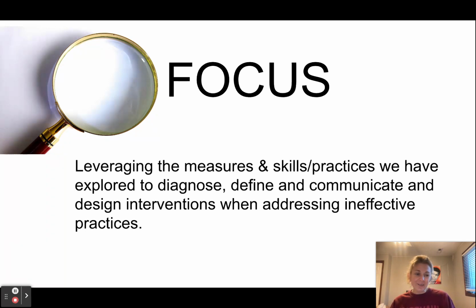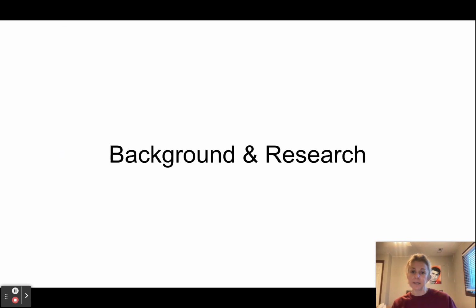You're just going to use them through a different lens and for a different purpose. But in terms of gathering evidence and data and analyzing that evidence and using the language and the standards that I've identified in that framework, all 3 of those things are going to be used, and you're going to leverage those to diagnose, define and communicate, and design effective interventions.